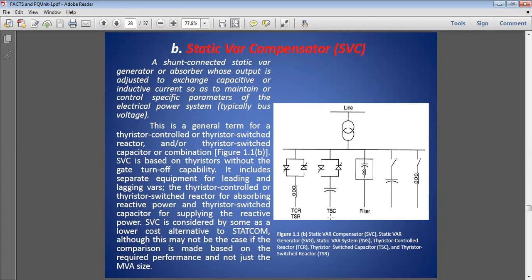It may be a thyristor controlled reactor or a thyristor switched reactor. So it is either a thyristor controlled reactor, a thyristor switched reactor, or a thyristor switched capacitor.